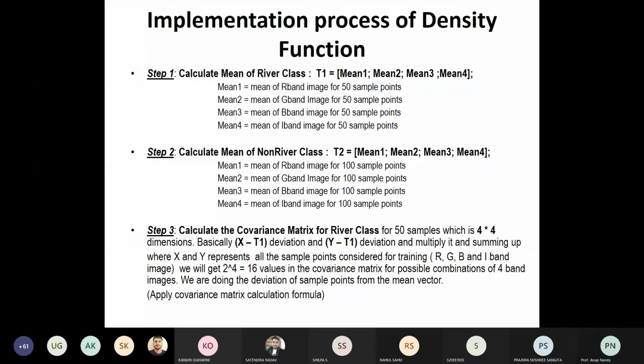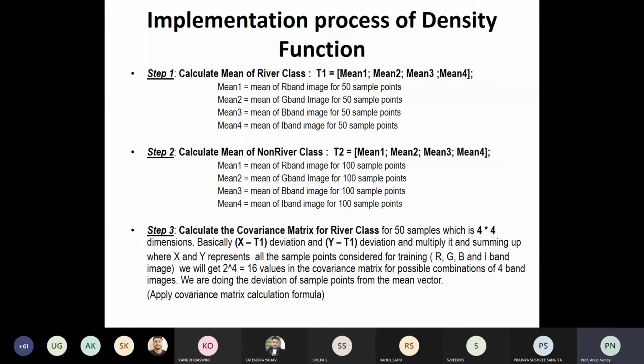Okay, so first you have to calculate the mean. The mean is not a single point, it is a vector. So the mean of the river class I am denoting as T1.